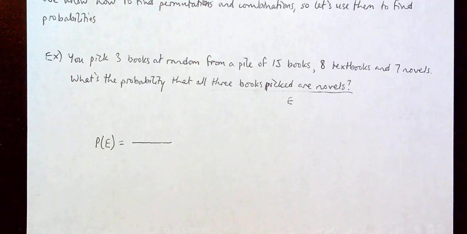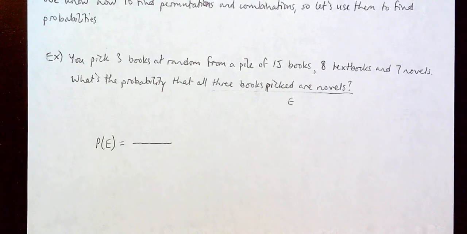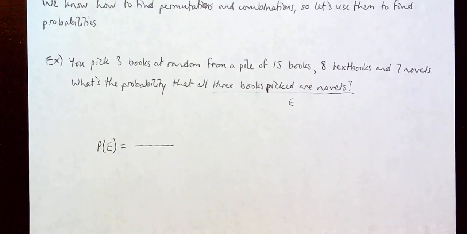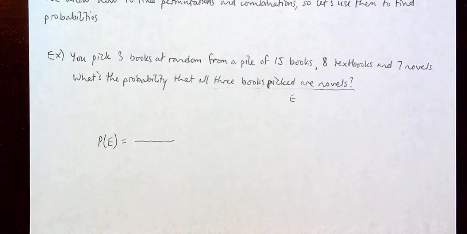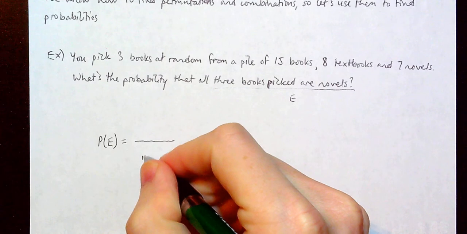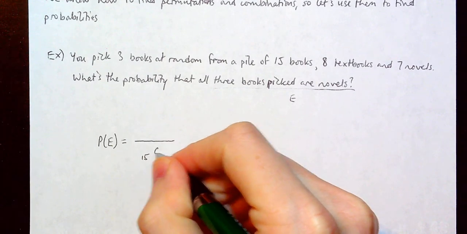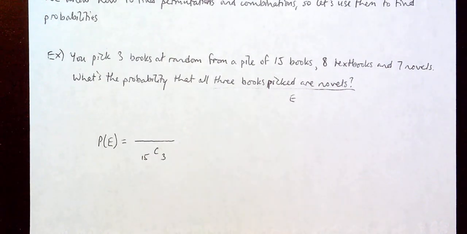And once again, the order in which we pick these books does not matter. What ultimately matters is what 3 books we have. So the total number of possible outcomes is going to be 15 choose 3.